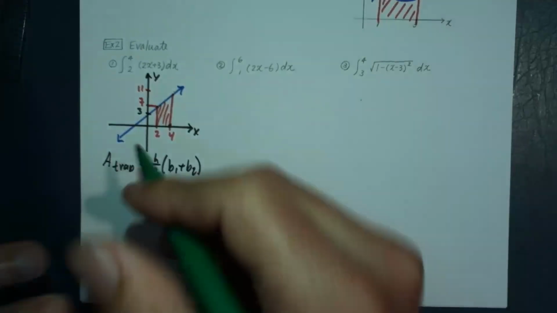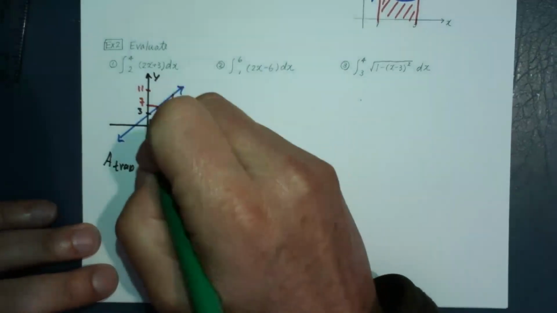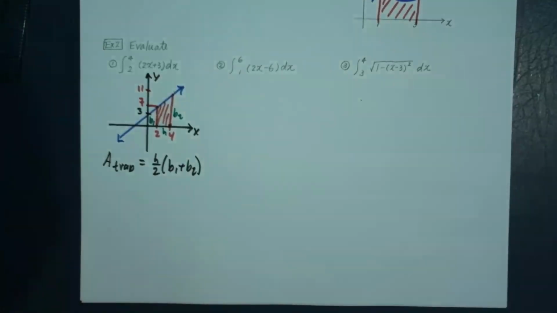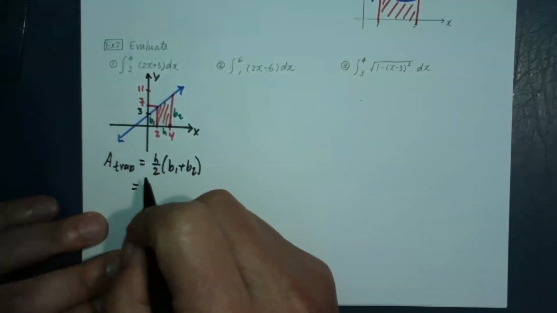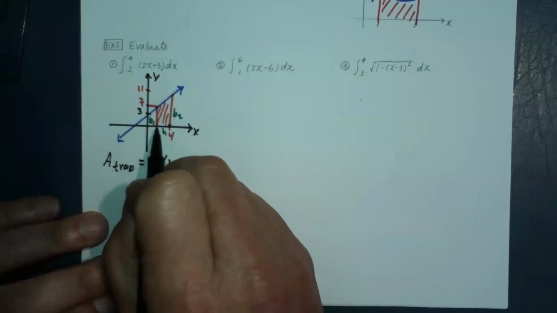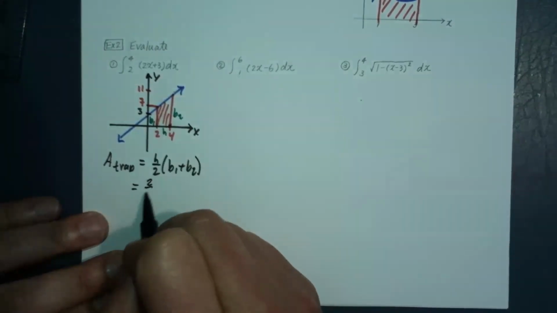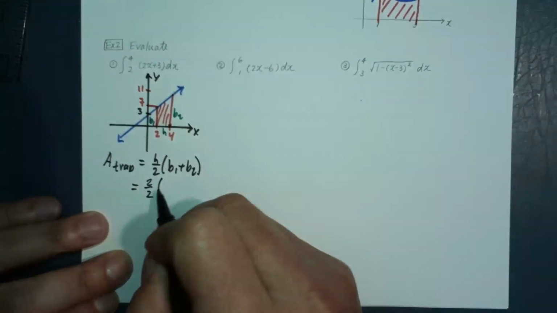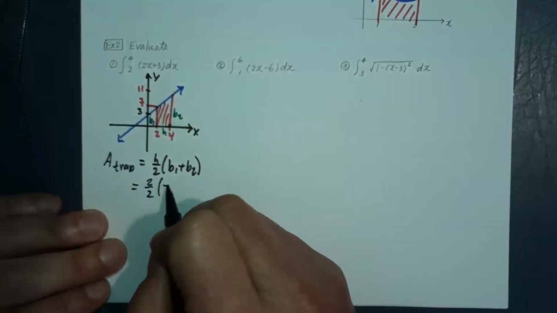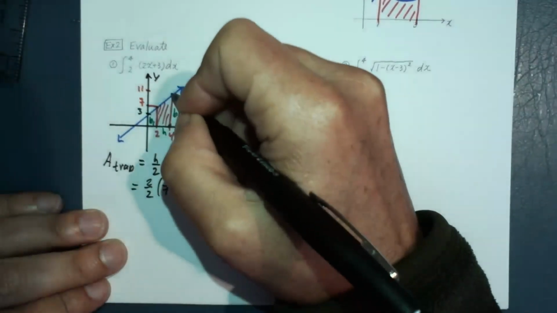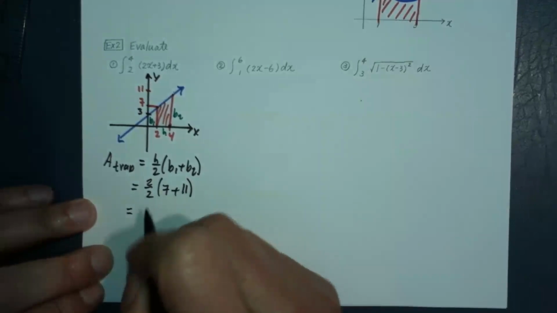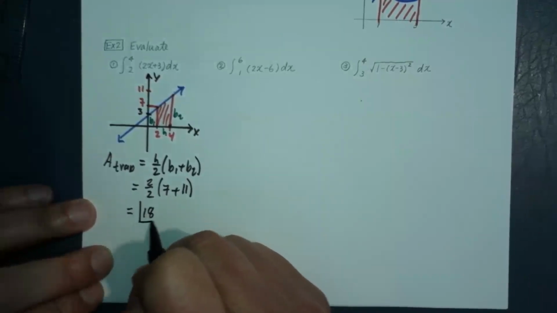So this is h, this is b1, and this is b2. So let's plug in what we have. H is 2. Do you see the distance from 2 to 4 is 2? B1 is the height here, that's 7. B2 is the height here, that's 11. Which gives us 18.